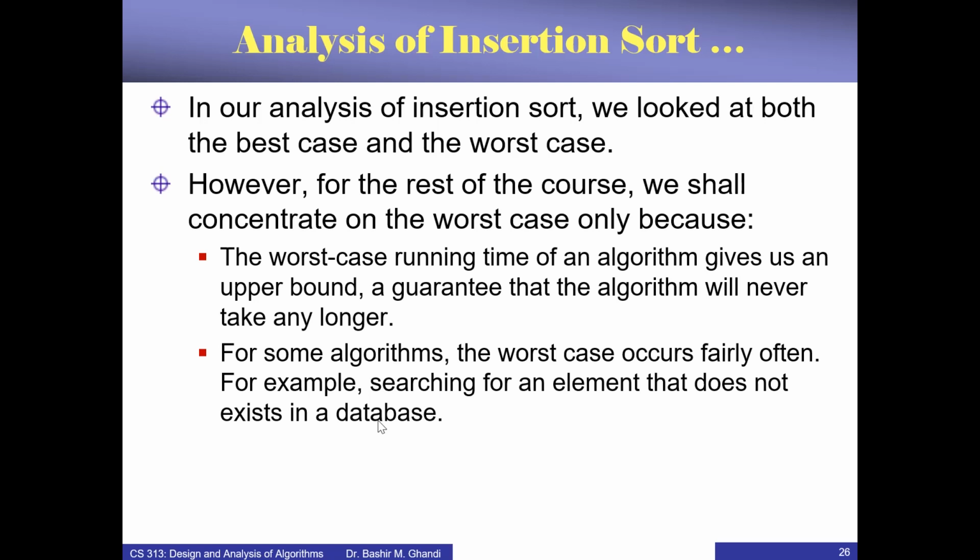The best case scenario is that the first element you check happens to be equal to your target. But if the element doesn't exist, you probably have to search the entire database before you can make that conclusion. So it is a common occurrence to reach the worst case of an algorithm.